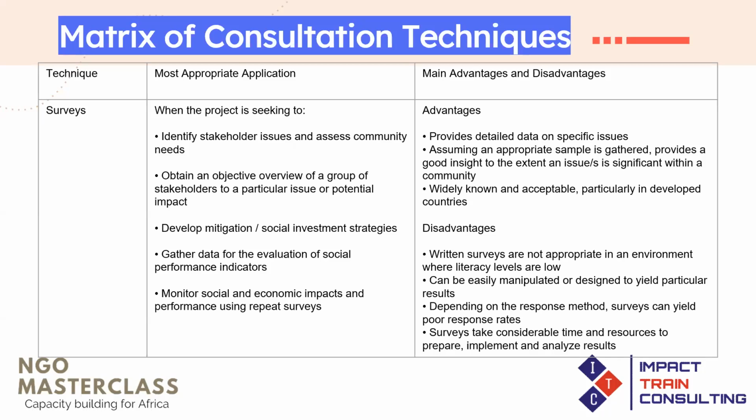So we say you will use surveys when you're trying to identify stakeholder issues and assess community needs, when you're trying to obtain an objective overview of a group of stakeholders on a particular issue or potential impact, when you're trying to develop mitigation or social investment strategies, when you're trying to gather data for the evaluation of your indicators, when you're trying to monitor the social impacts, or measure the impact of a project in terms of the social impact, the economic impact, or the performance of a particular project, you would use surveys.